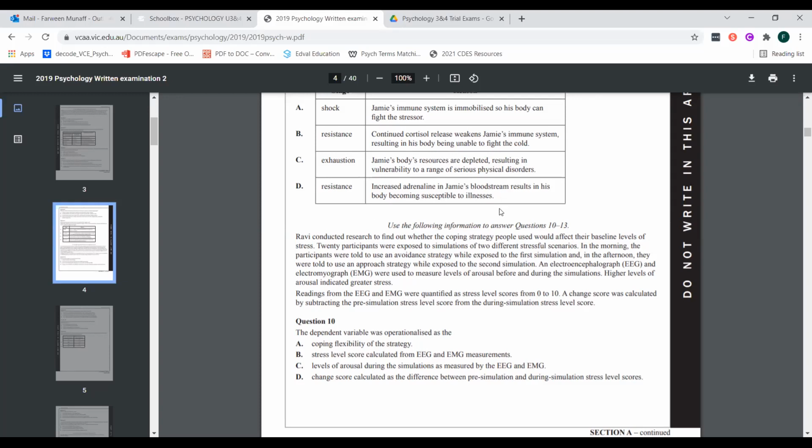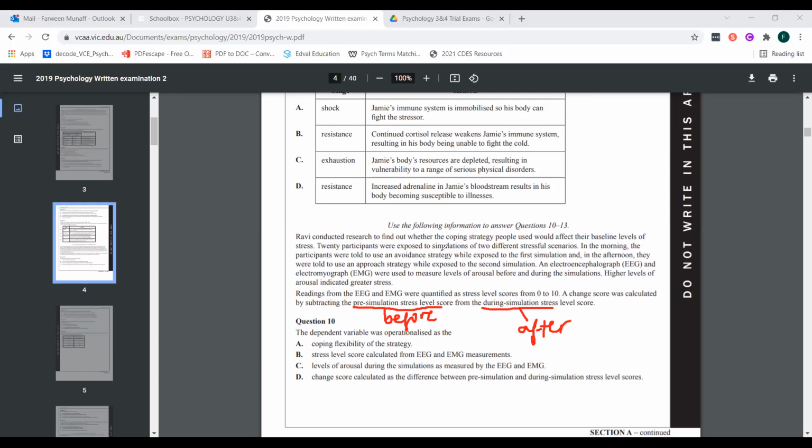So basically, when they say pre-simulation there, they're saying the score before they went through the simulation, that's the before score. And then during the simulation is while they're experiencing that stress. So we could say this is our after. It's kind of like a pre-test, post-test situation.